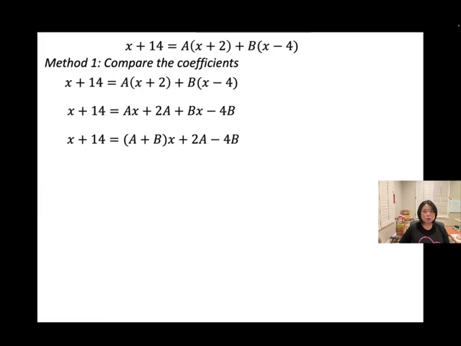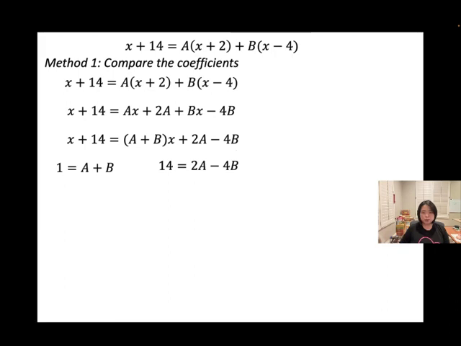Now we compare the coefficients. The coefficient of x: 1 equals A plus B. And the constant: 14 equals 2A minus 4B.